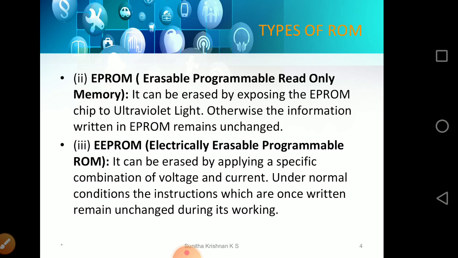Electrically erasable means the content can be erased with the help of a specific combination of voltage and current. Under normal conditions, the instructions which are written once will always stay in the ROM. Only the manufacturers can remove the data and put the data once more. Its sole purpose is the reuse of the components.